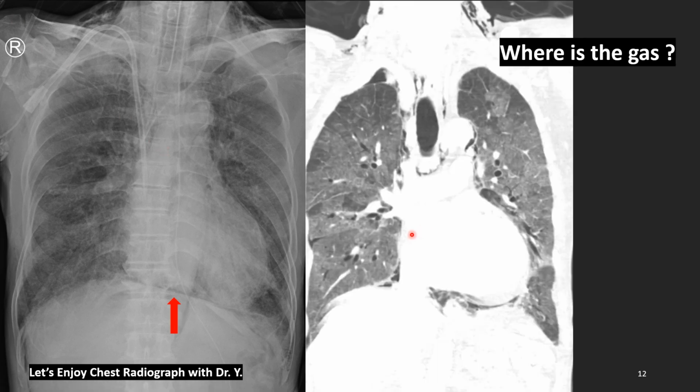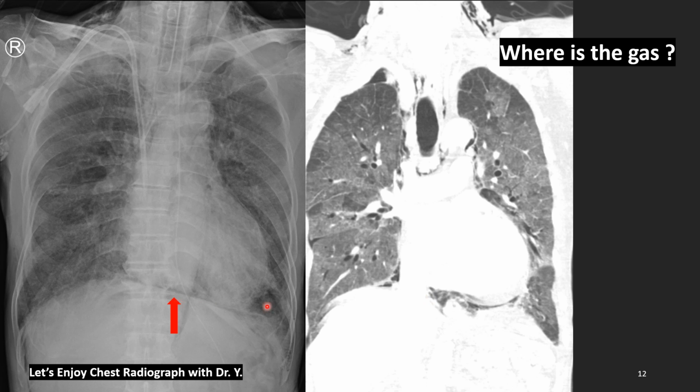Now, when we see this coronal lung window setting CT image, we understand what happened to the chest film of this patient. Many gases around the neck, in the mediastinum, around the trachea, around the large airway, around the aorta, around the heart, even below the heart.